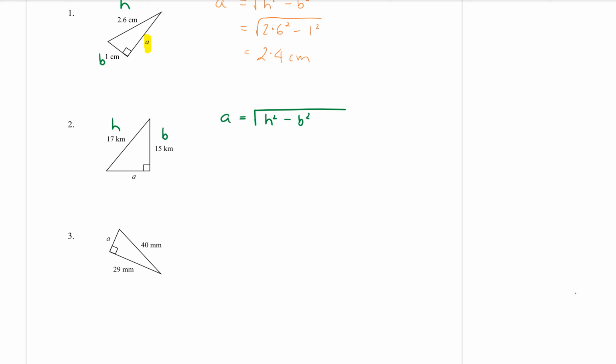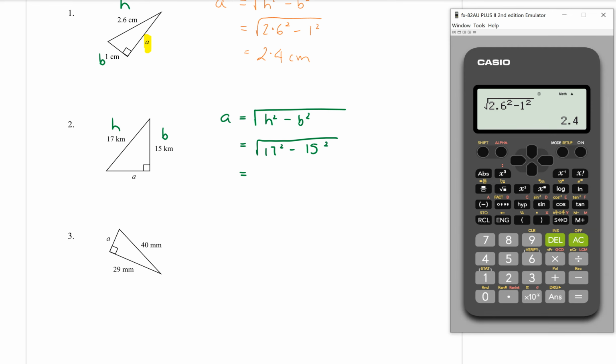Subbing in, the h was 17. So square root 17 squared minus 15 was the b, so 15 squared. And third line, calculator. Square root 17 squared minus 15 squared.